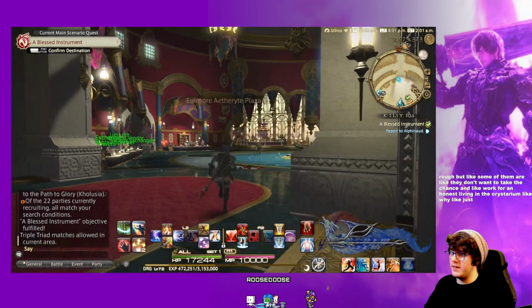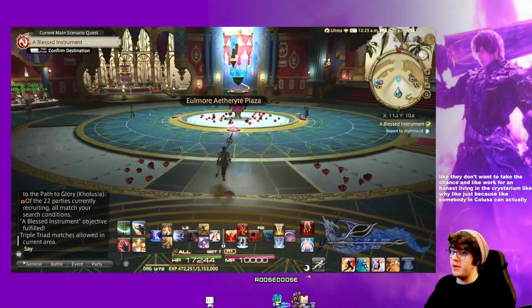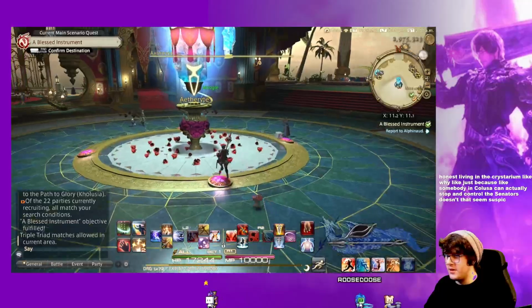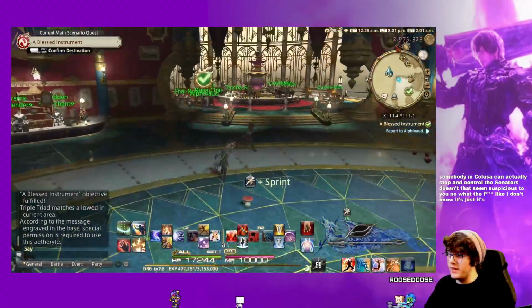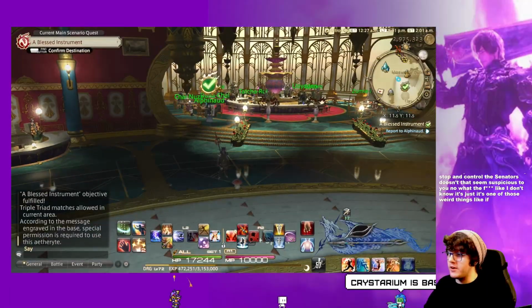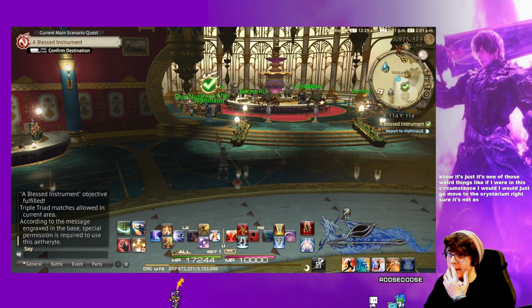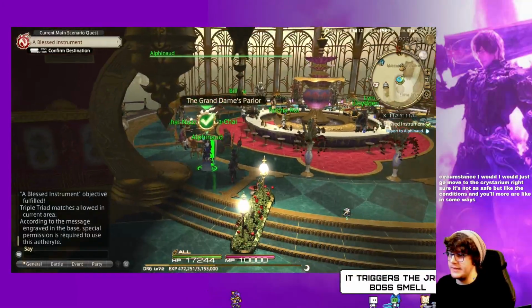Just because somebody in Calusia can actually stop and control the Sin Eaters? Doesn't that seem suspicious to you? No? What the fuck? It's one of those weird things. If I were in this circumstance, I would just move to the Crystarium, right? Sure, it's not as safe, but the conditions in Yulmore are in some ways worse, you know?